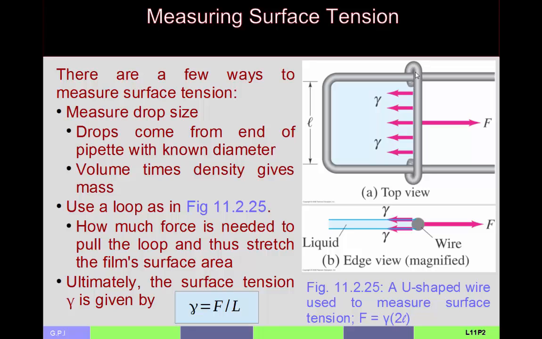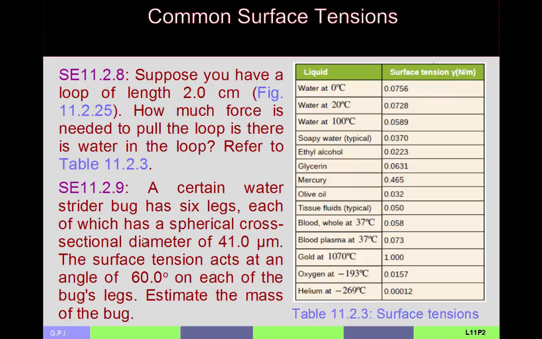And the answer is that force should be equal to whatever is the length of this loop times whatever is the surface tension. And then usually there's a factor of 2, because you have a surface tension above and you have a surface tension below. There's 2 surfaces for the membrane, a top surface and a bottom surface.